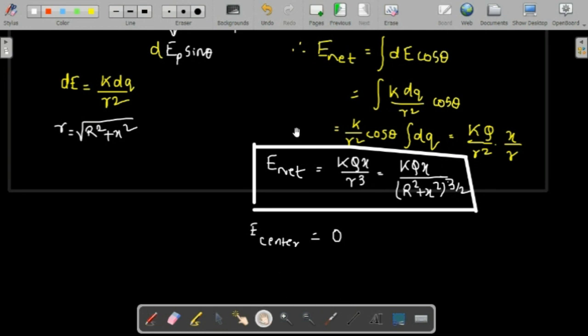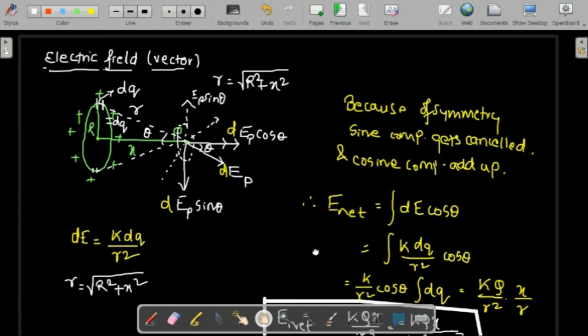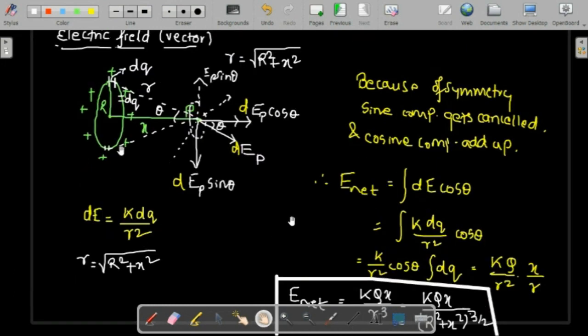See, this is so interesting. The potential is not 0 at the center, but the electric field will become 0, because we know in the case of a hollow sphere, and even a conducting solid sphere, the charges are always on the surface. The electric field will be 0 at the center.